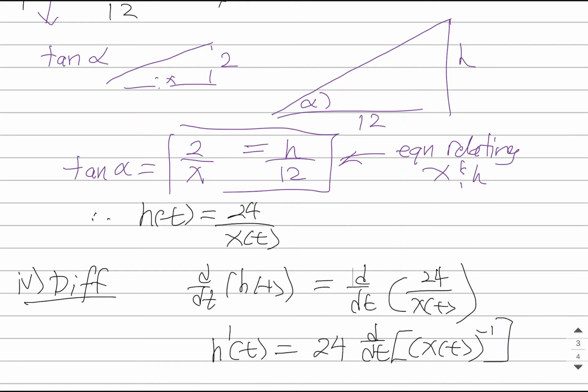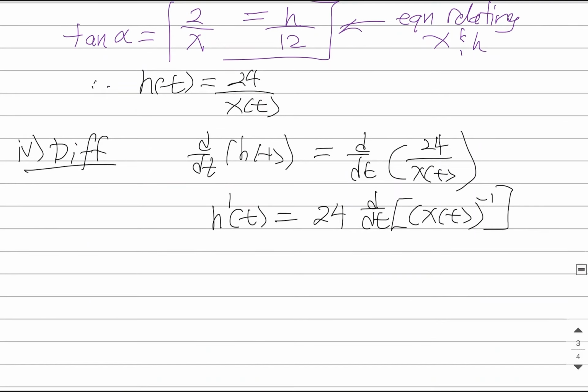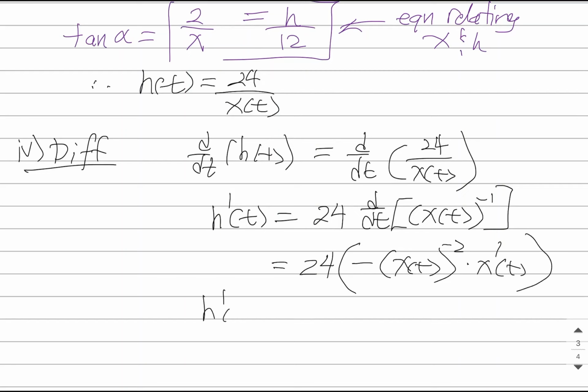And it's probably most straightforward for us here to write this as x to the power of -1. And in this case, the derivative of something to the -1 is negative something to the -2 times the derivative of the something. So what we've now come up with is the equation for how these rates are related.